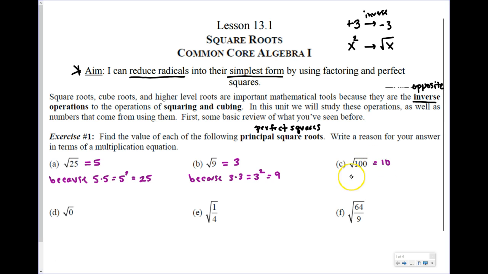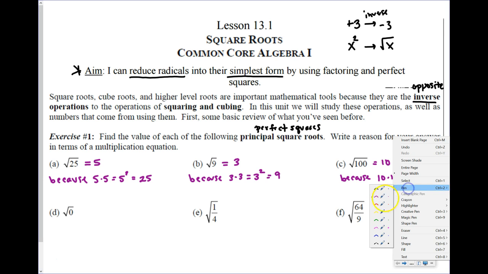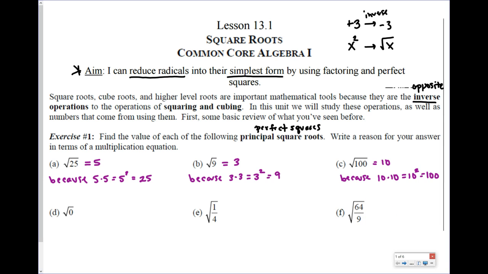The square root of 100 is 10 because 10 times 10 is 10 squared, and that gives me 100. The square root of 0, actually it's not too terribly tricky, is 0 because 0 times 0 is 0 squared, which gives me 0. Same thing for 1. The square root of 1 is also 1.